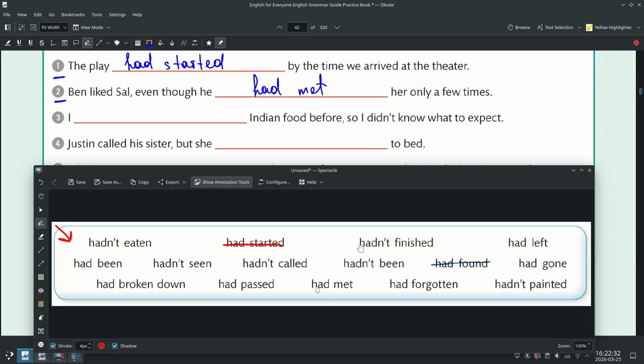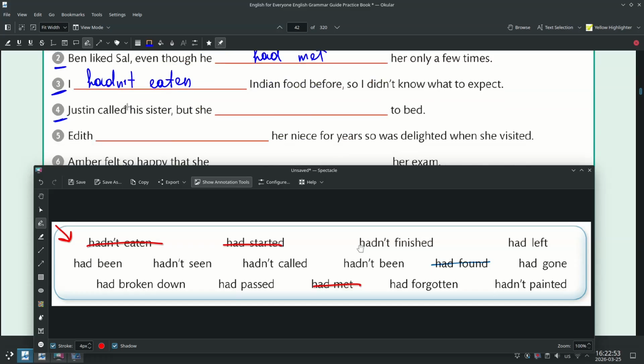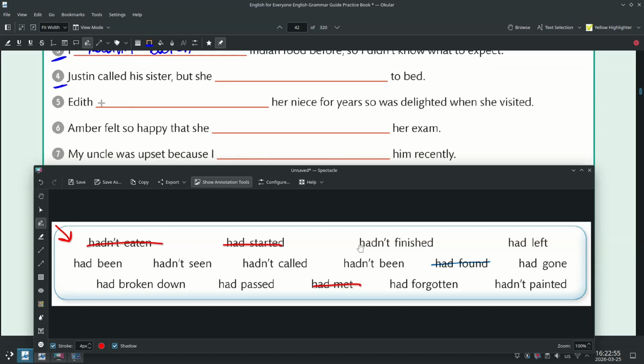Number 3. I Indian food before, so I didn't know what to expect. I hadn't eaten. Number 4. Justin called his sister, but she to bed. Had gone to bed.